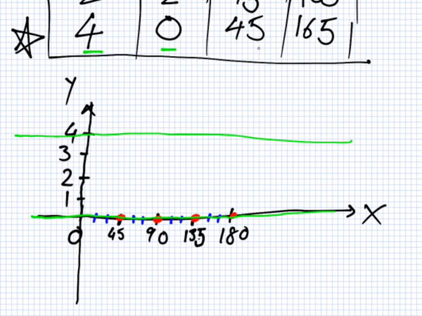KJ, what does the minus 45 do here? Makes it translate to the right. Yeah, to the right, because it's minus 45. It's weird, but it's opposite of what you think.